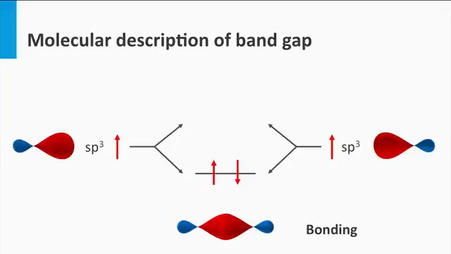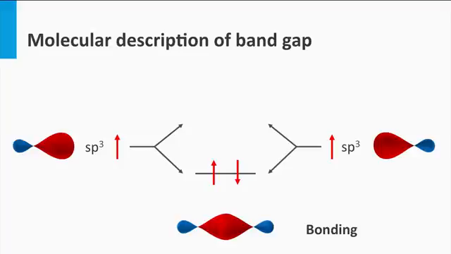As a result, both electrons prefer to fill this state, in which 1 electron has a spin up and the other electron has a spin down. This bonding state represents the attraction between the silicon atoms and the creation of a bond.